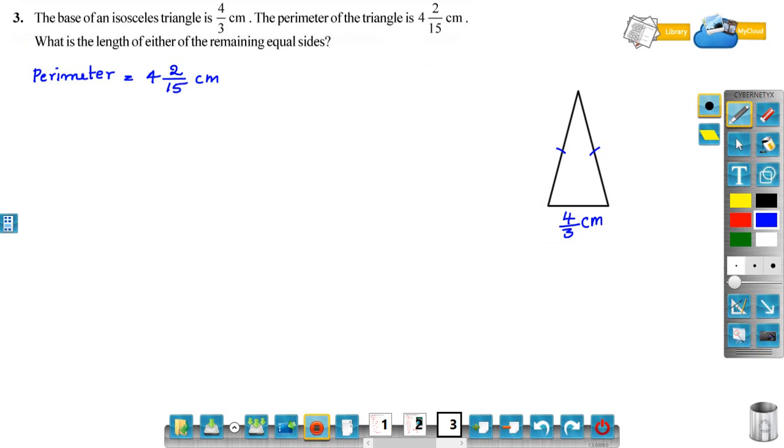We don't know the length of equal sides.